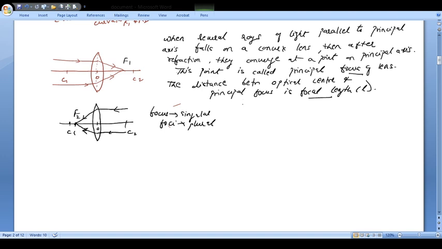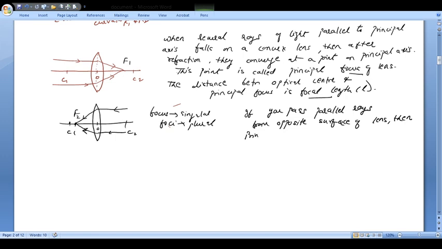Therefore you say, if you pass parallel rays from opposite surface of lens, then principal focus is obtained on opposite side.